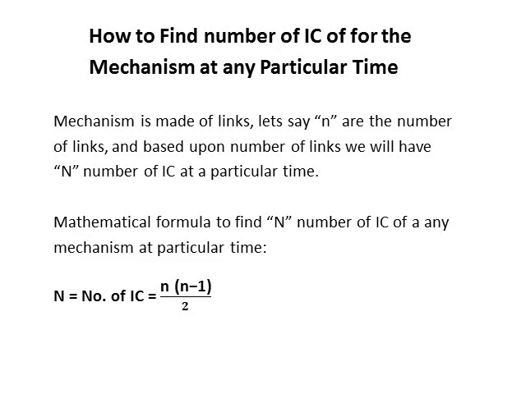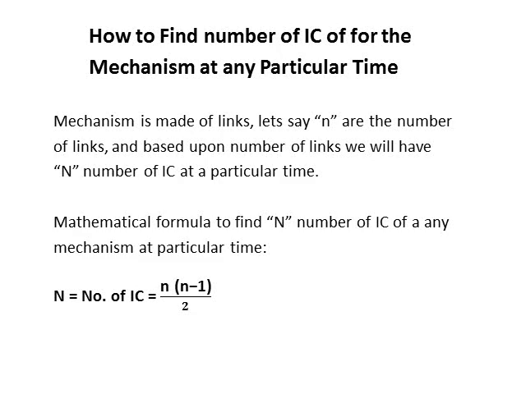If there are 6 links, then each link, if it's in motion, is also rotating around its own axis, so it will have its own instantaneous center. So link 1 will have its own instantaneous center, link 2 will have its own, link 3 will have its own, and similarly for link 6. So at time 1 second we will have 6 instantaneous centers for 6 links.